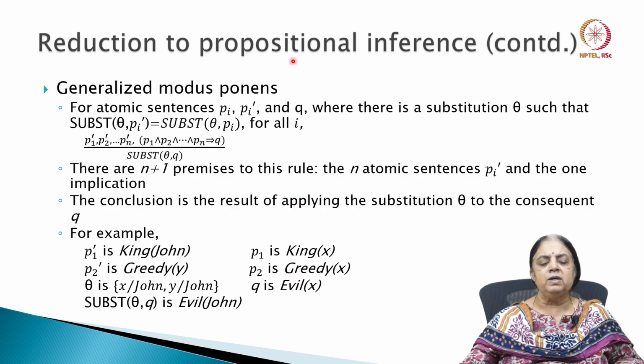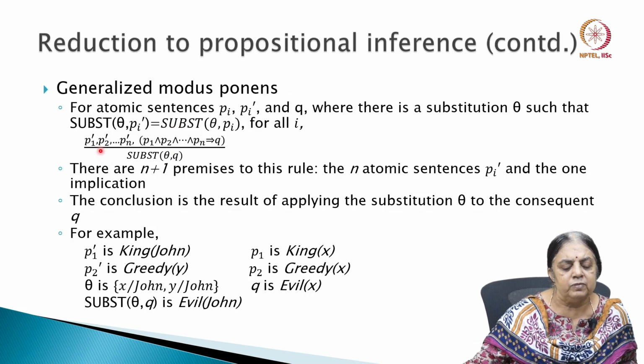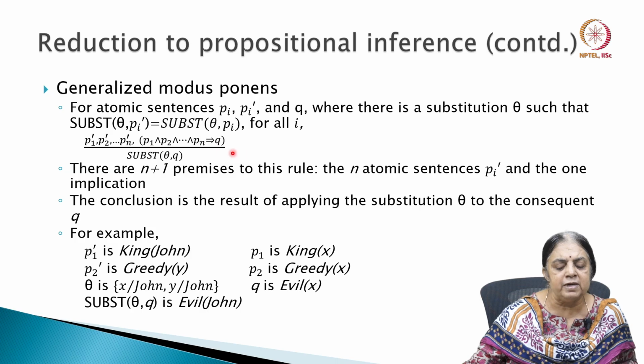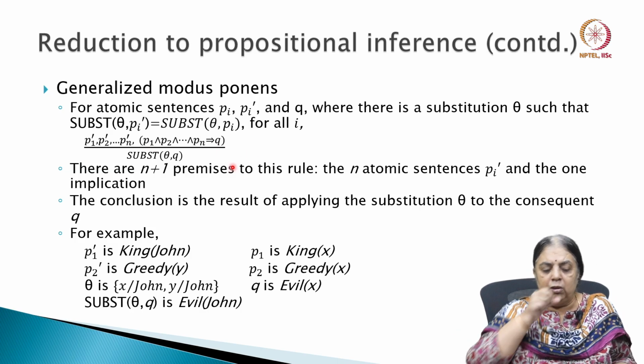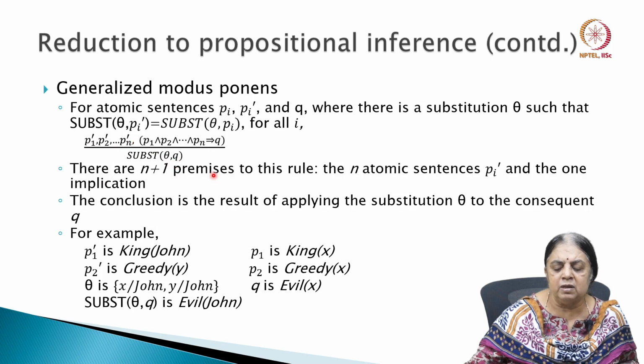Okay, so how do we reduce it to propositional inference? Suppose we have facts like P1', P2', ..., Pn', and we have a sentence which says P1 and P2 etc. implies Q. What you do is substitute theta in Q, using what you have here.